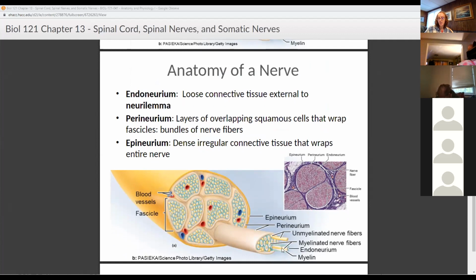Remember that we have myelinated nerve fibers and we have unmyelinated nerve fibers. The axons are bundled together within a perineurium sheath.